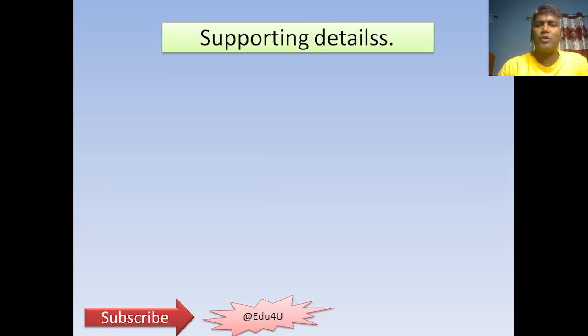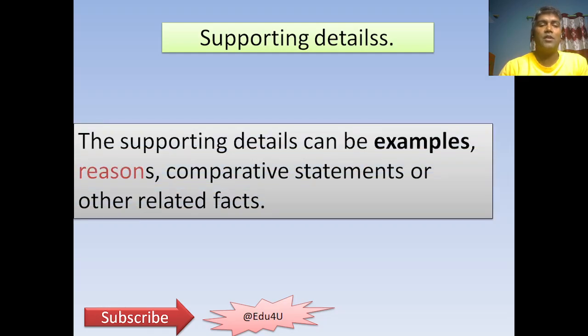And then we have the supporting details. What comes in supporting details? It can be examples, or reasons, or some comparative statement, or some other related fact and details as supporting detail that must be related to the topic sentence. So when you are writing, suppose, about your village, the rest of the sentences must be about your village.